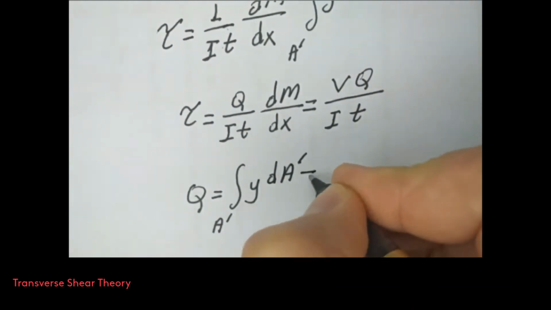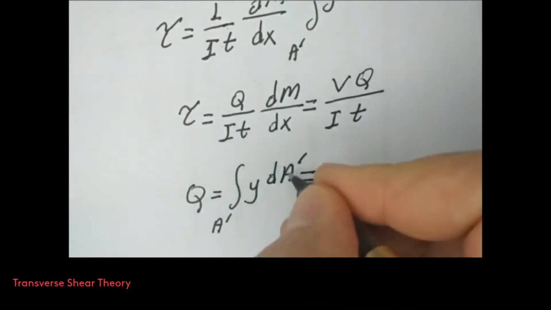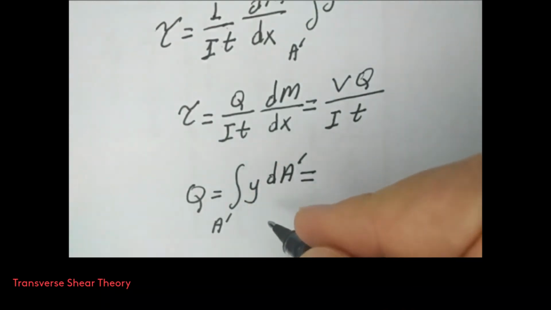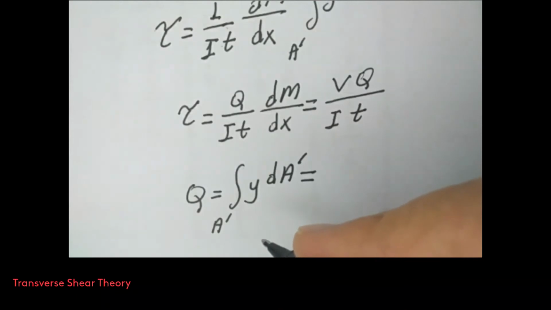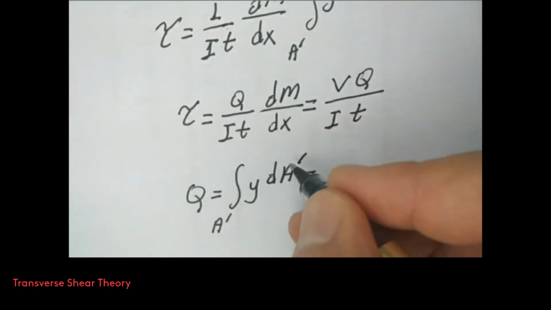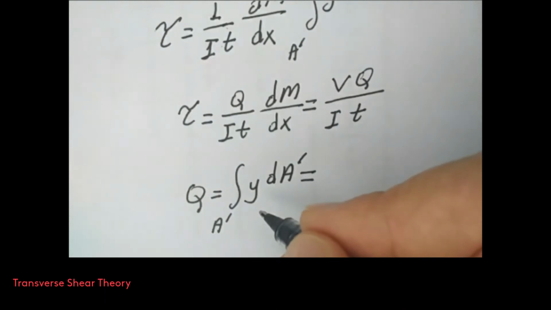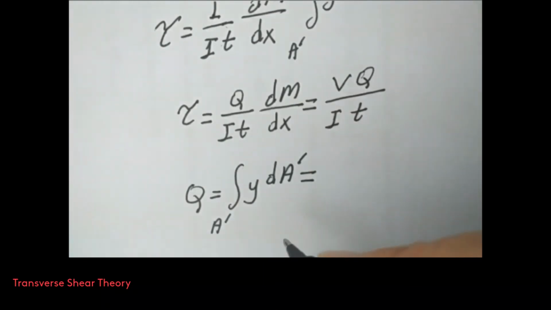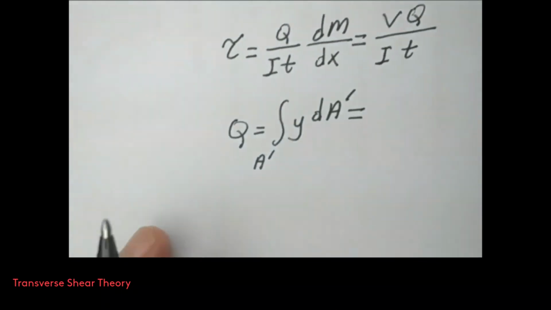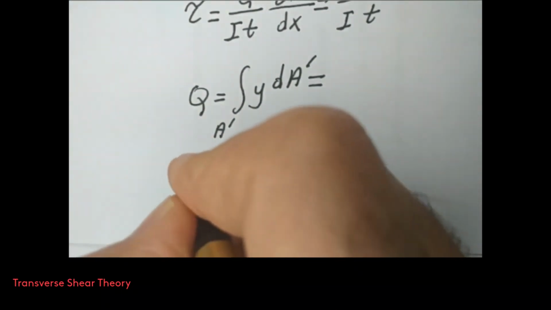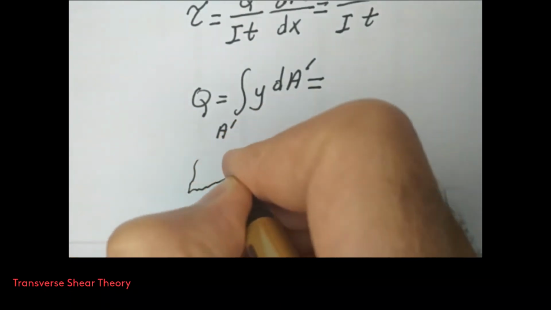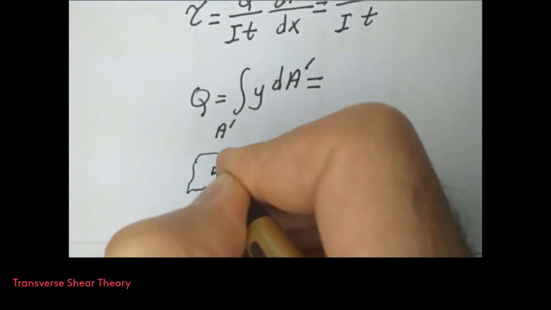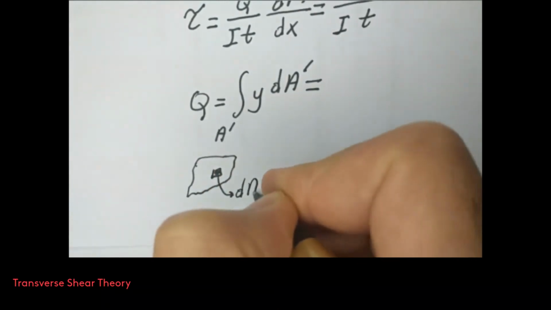In fact, this is the first moment of the area. We can consider it like this, the area as a distributed load. So this is a very small element. Let me draw an arbitrary area, and let's see how we can find the Q. Let's just take a small piece which has, let's say, dA prime.